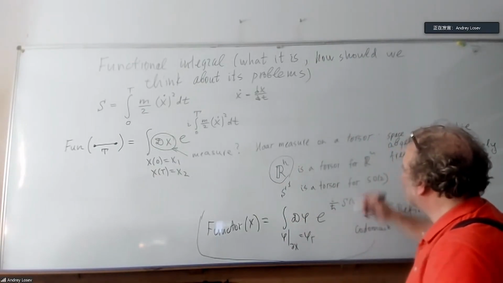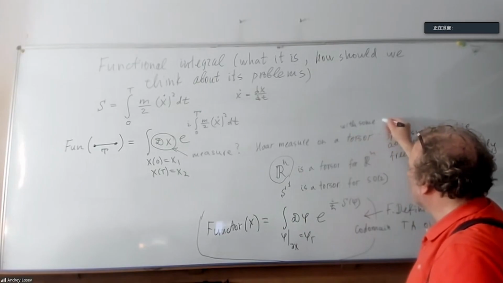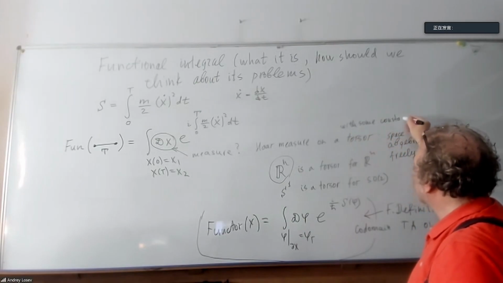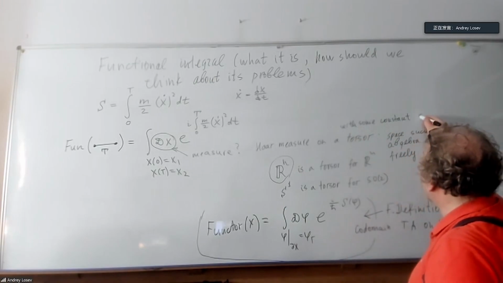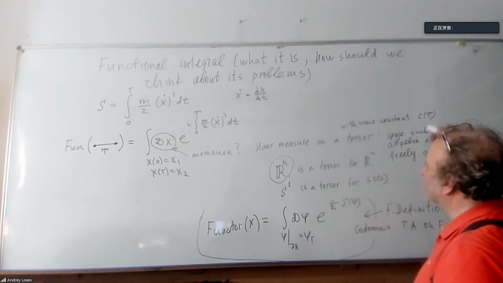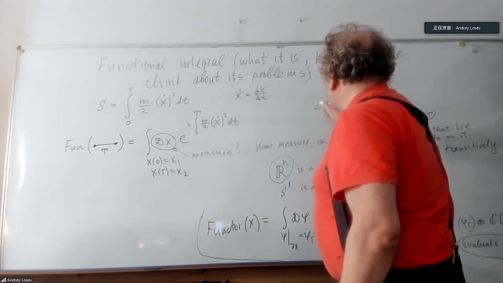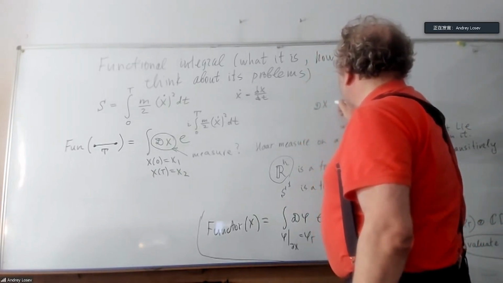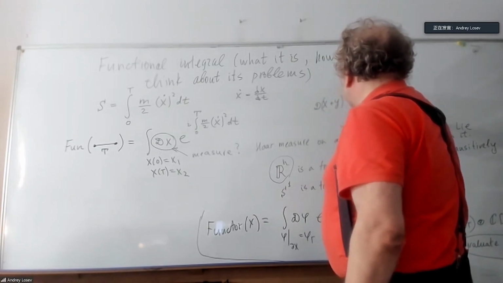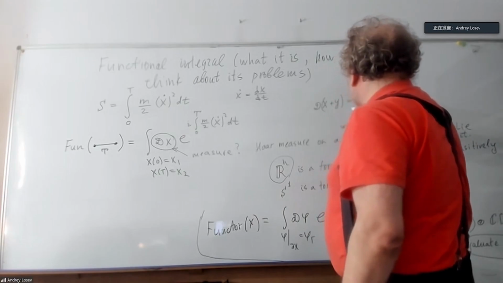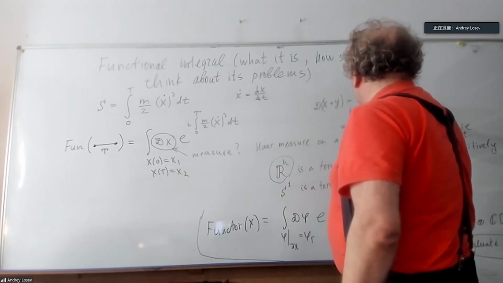It is a Haar measure with some constant that I will call C of t. What I want to say is that this plus y is this, for any y.